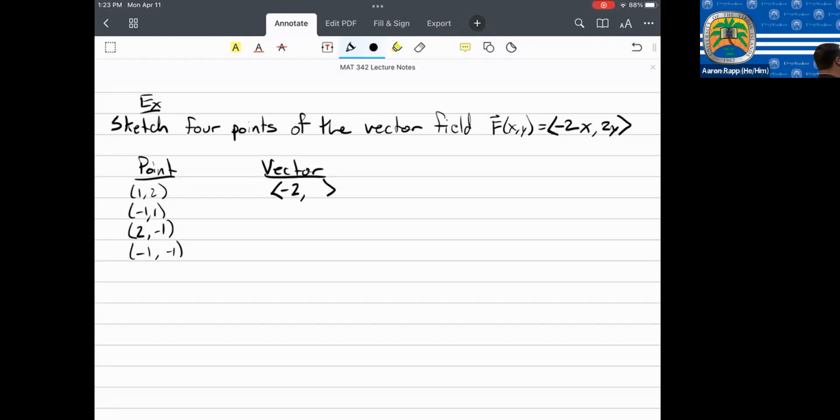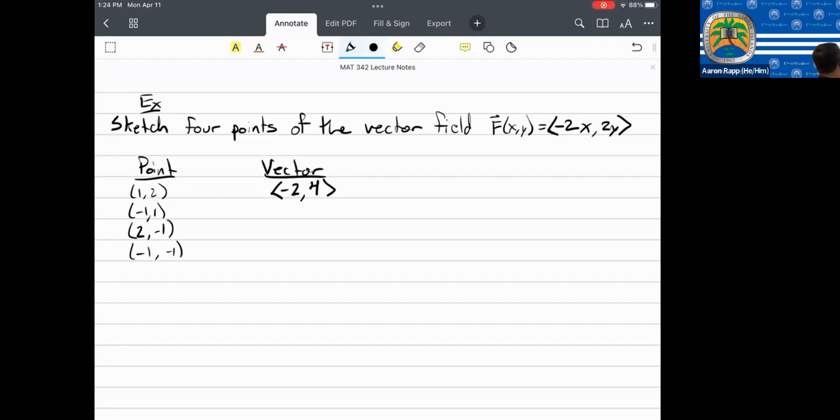And the y component is 4, because I take the 2 from my y value and multiply it by the 2 from how I determine my vector field. So it's pointing negative 2 in the x direction and 4 up in the y direction.